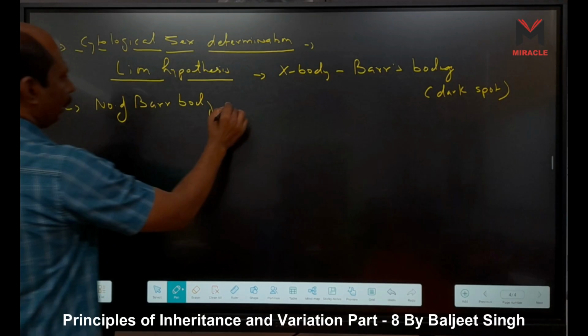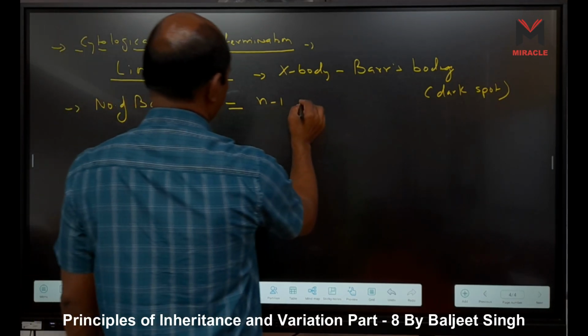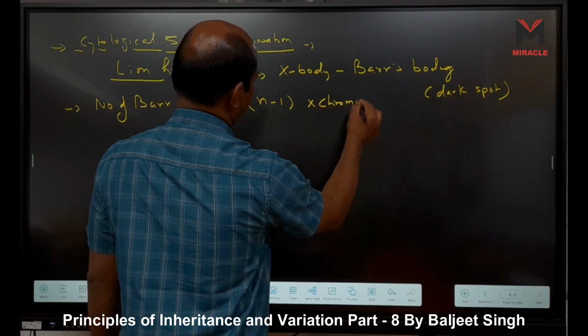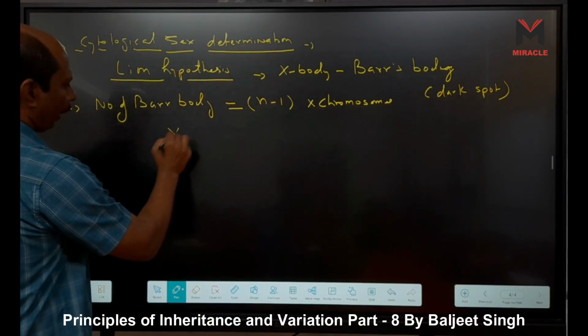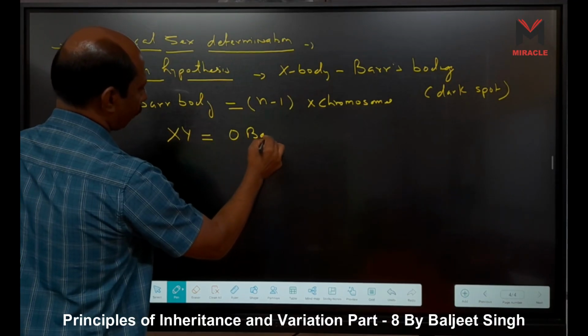Number of bar bodies is equal to n minus 1, where n is the number of X chromosomes. For example, in case of XY, the number of bar bodies is 0.